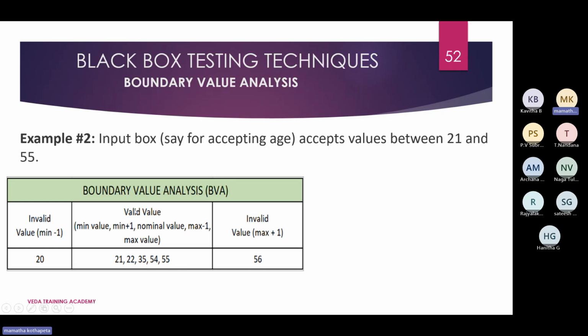It is 55. Now, whatever is the output of this min, nominal, max minus 1, max value, all of this should be accepted because it comes under valid values. It means this input should be accepted by the input text box. But whatever is min minus 1 and max plus 1 comes under invalid scenarios.